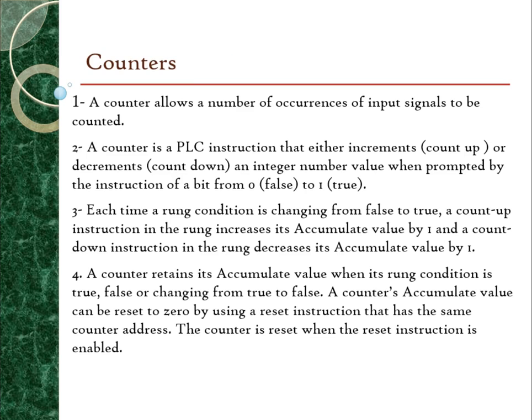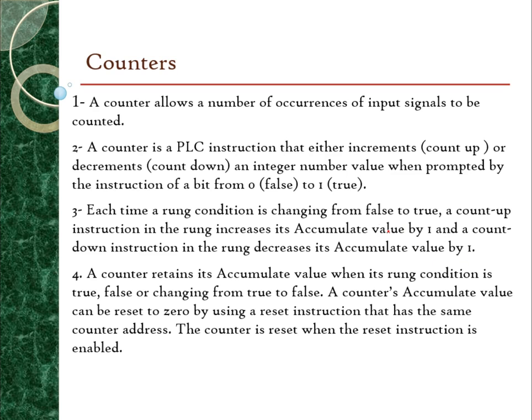When the input to the counter is true, then the counter will start to count up or down according to your design specification. A counter is a PLC instruction that is either incremented or decremented. It is an integer value that is activated by the input signal changing from 0 to 1, true.